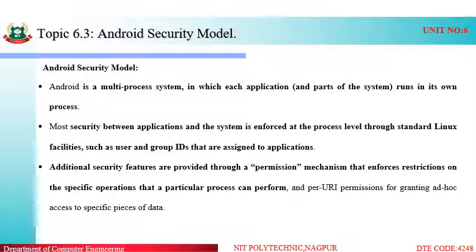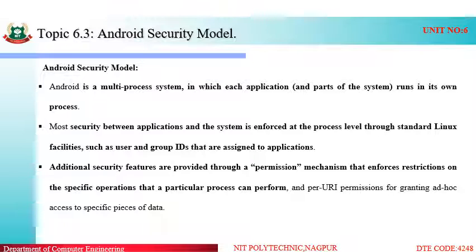Additional security features are provided through the permission mechanism. The standard mechanisms, the core facilities, are provided by the Linux kernel which is present inside the Android architecture, but in case we need some additional permissions, those are called custom permissions.